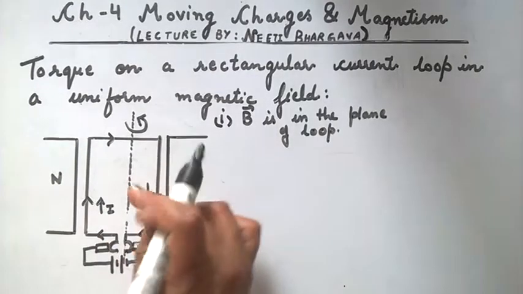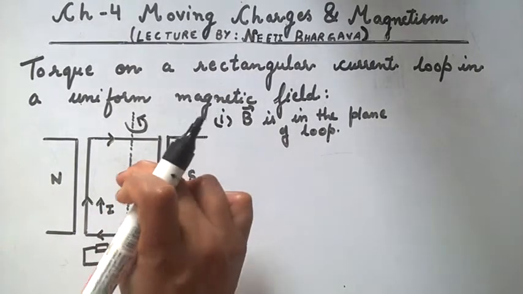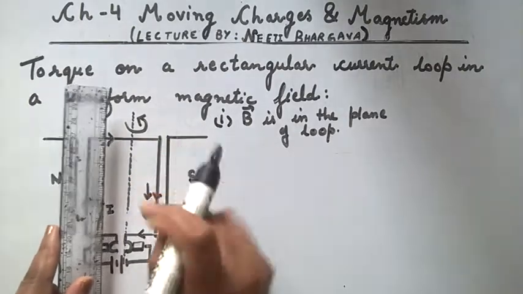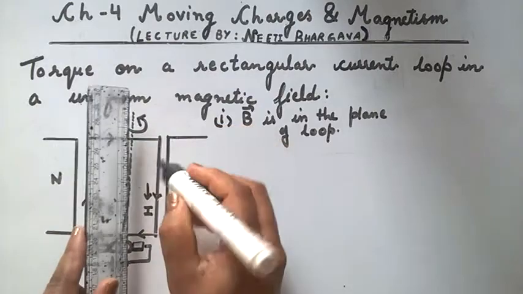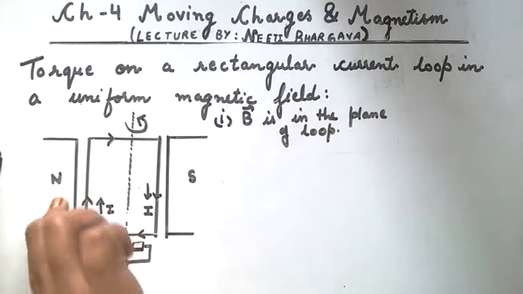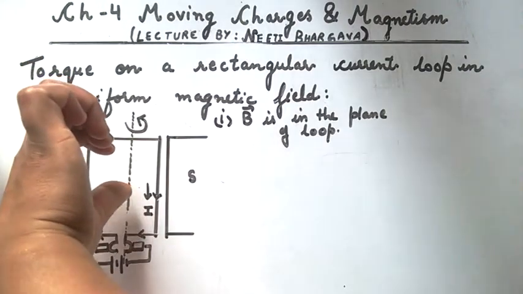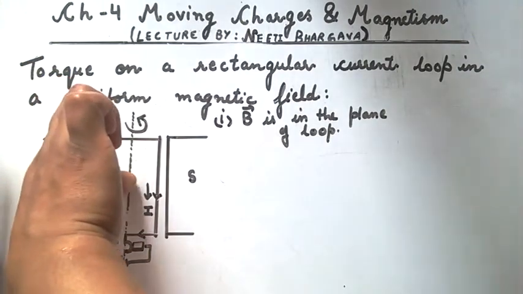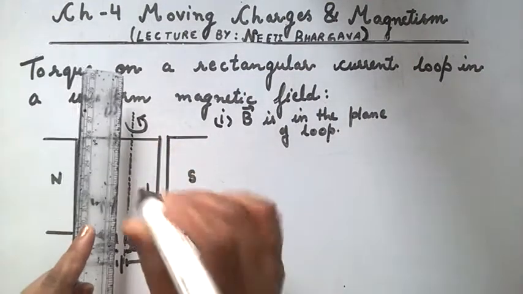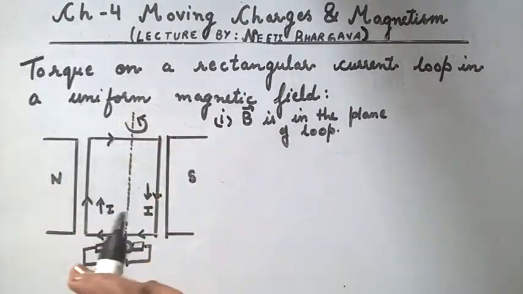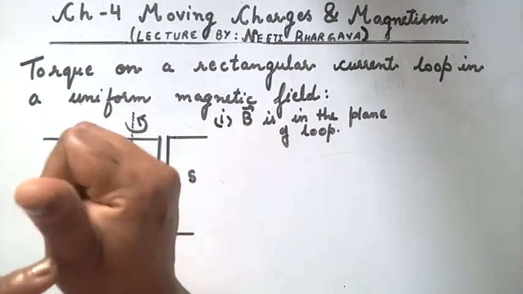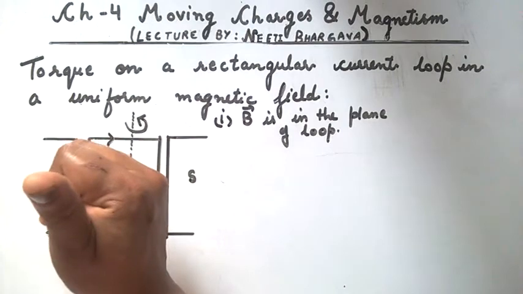Here the area vector is perpendicularly outward, as the current is in anti-clockwise direction. Therefore the area is into the plane. If the current is clockwise, then the area vector is normally outward.